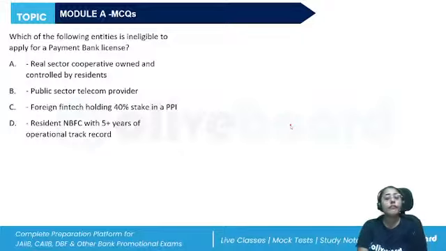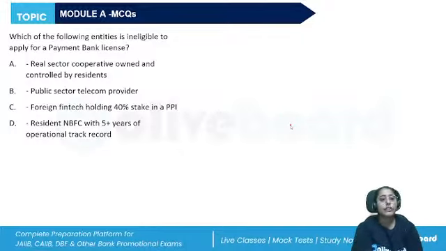Then, which of the following entities is ineligible to apply for a payment bank license? A real sector cooperative owned and controlled by the residents, a public sector telecom provider, a foreign fintech holding 40% stake in a prepaid payment instrument, or a resident NBFC with 5 plus years of operational track record. So we are talking about the promoters of a payment bank. Who are the promoters?